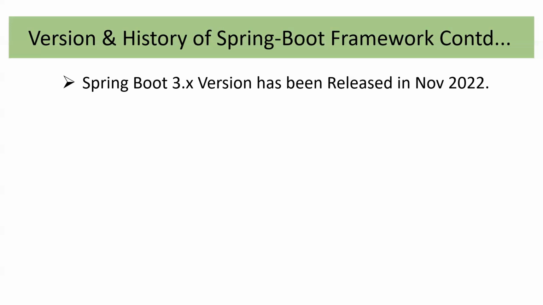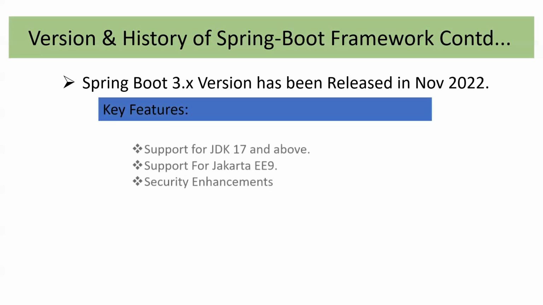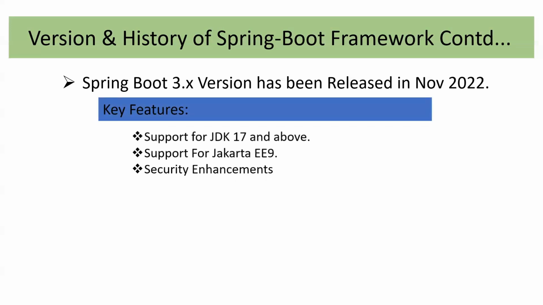So let's see what key features are available here. The first key feature, as I said, is support for JDK 17 and above. The second key feature here is support for Jakarta EE 9. So what is the meaning of Jakarta EE? That I will discuss with you after a couple of classes.